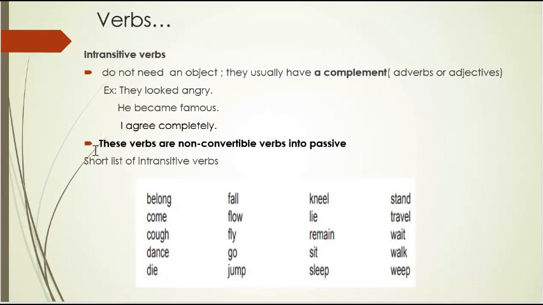In general, intransitive verbs cannot be changed into passive construction. Rather, transitive verbs are changed into passive construction. Here I have a short list of intransitive verbs. You can get started, you can understand them, and you can add more intransitive verbs to it.